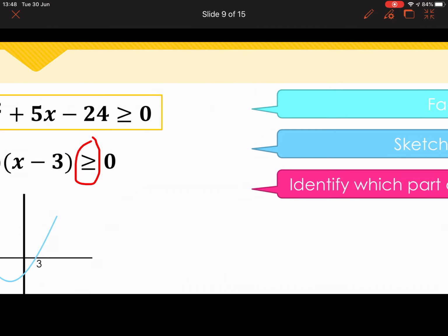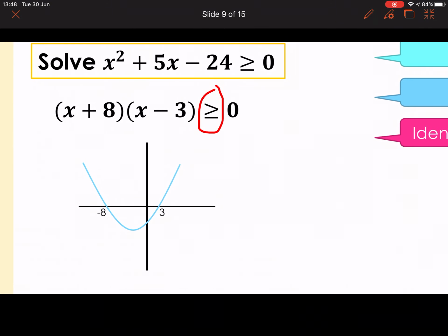So I want my function, so the curve, to be greater than or equal to 0. That's where the y value is greater than or equal to 0. Okay, a way to remember it is f of x is greater than or equal to 0. F of x you sometimes replace with y, because I could have written my top equation as y equals x squared plus 5x minus 24.